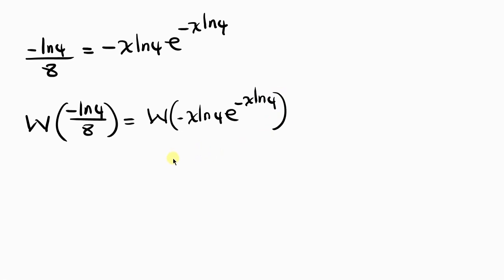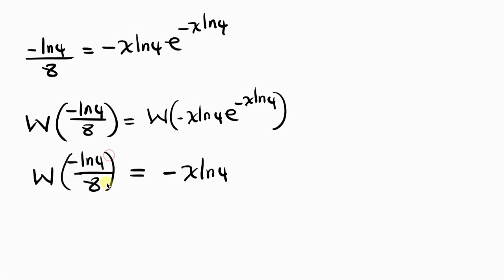Now, like I said before, when we take the Lambert W function of an expression like this, we take one of the terms, which is negative x times ln 4, since what I have here and what I have here are the same. I'm going to be taking just one of them. So I have negative x times ln 4. That is it. Now on the left-hand side, I have the Lambert W function of negative ln 4 all over 8.